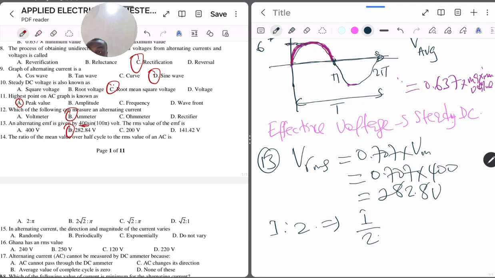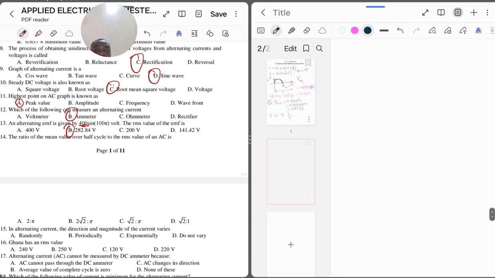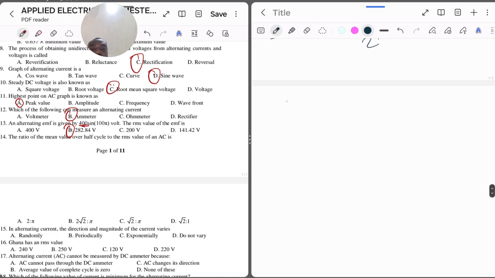So if we are to take the ratio of the mean value or the average value, and let's say here we are talking about current, I'm going to use current. So let's say I have my average current, and the formula again is 0.637 times the maximum current.